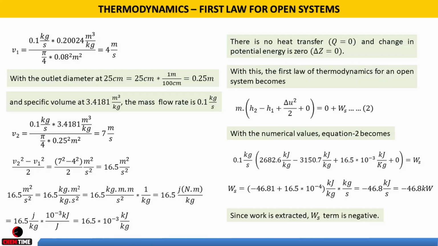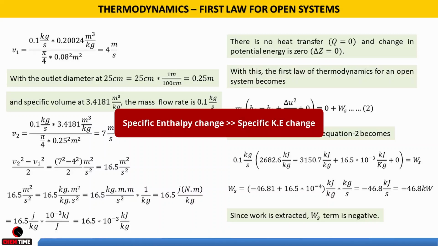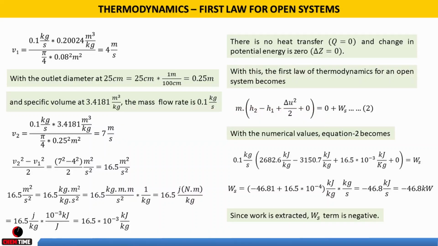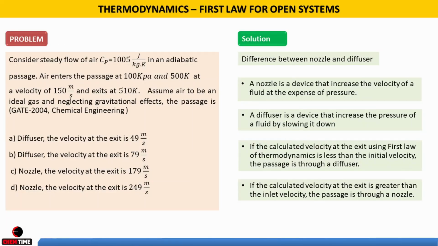So this shows the specific change in enthalpy is much higher than the specific change in kinetic energy. So that is why many of the problems given assume that the change in kinetic energy and potential energy can be neglected. So the second problem is given in GATE 2004 for chemical engineering.